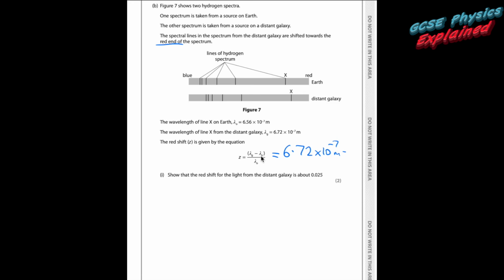We need to take away the wavelength from Earth, 6.56 times 10 to the minus 7, and divide that by the wavelength of line X on Earth, and that equals 0.024390. It said show that it's about 0.025. Yep, it is.